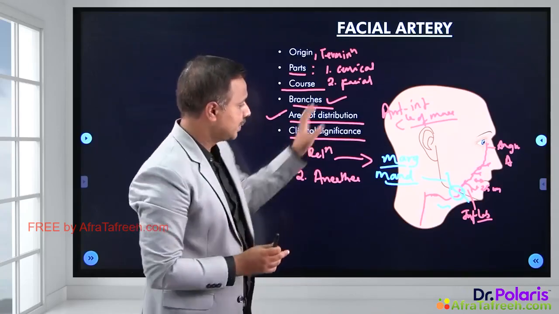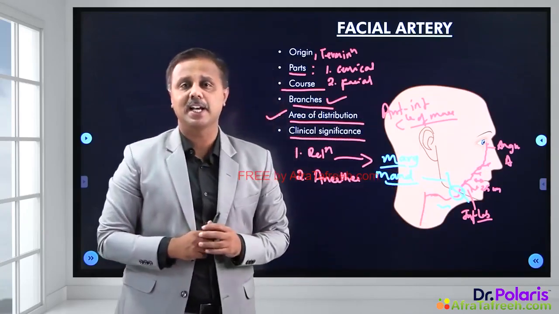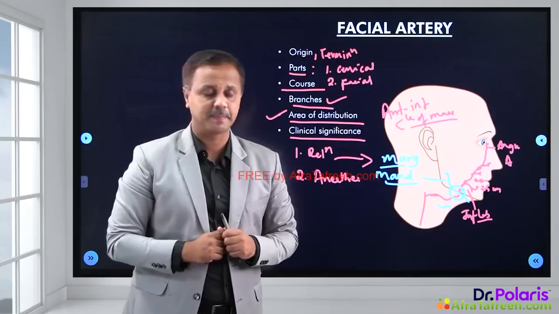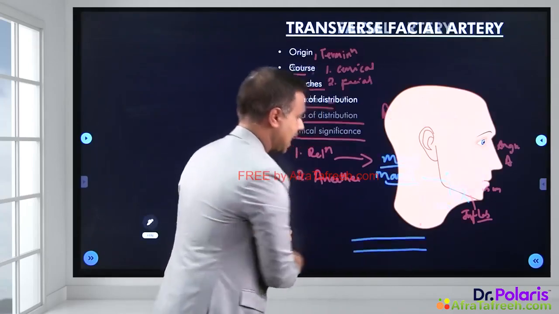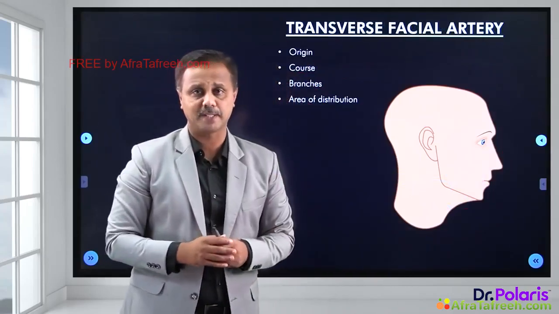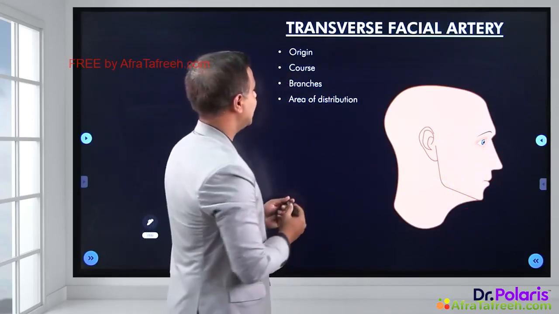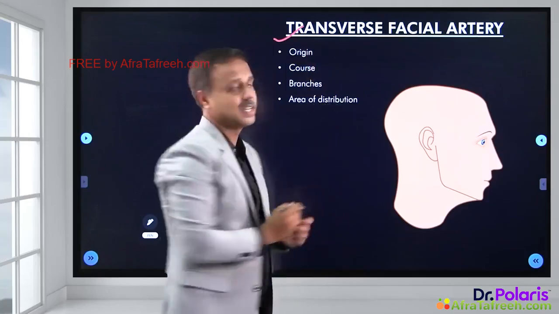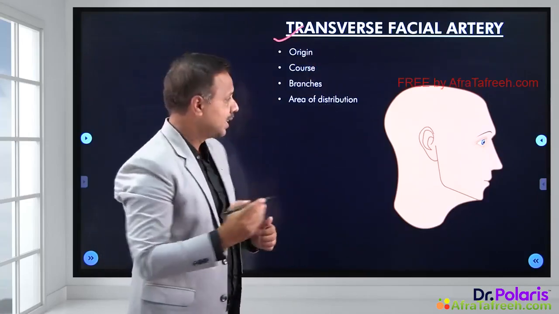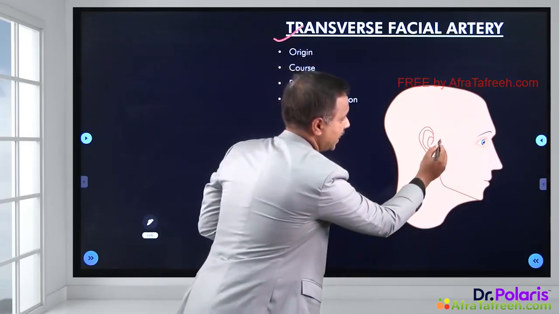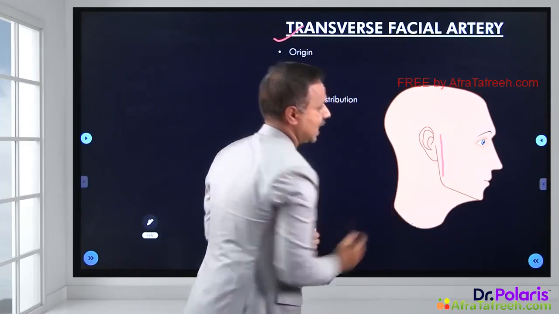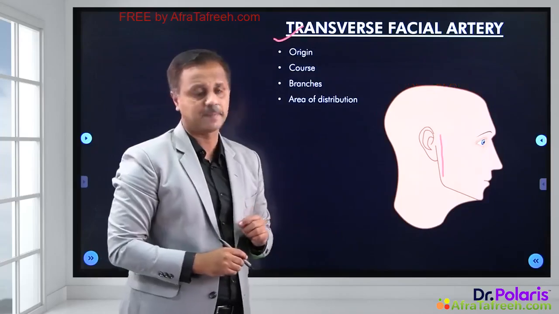Fine? So this is regarding the detailed anatomy of the facial artery. What about the other arteries supplying the face? As I said, one more artery that we have is the transverse facial artery. The transverse facial artery is located close to the lateral region of the face.